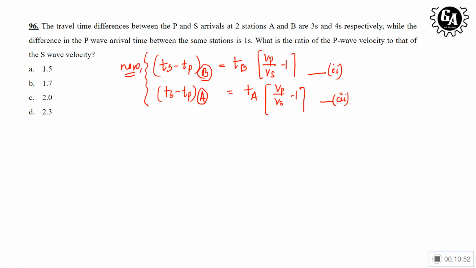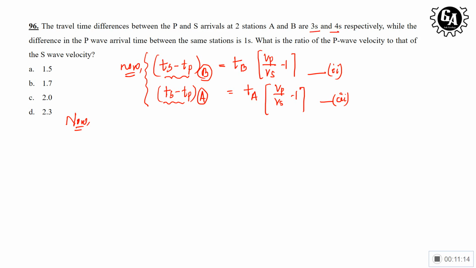Now if I subtract these two equations, because it is given that the travel time difference between P and S arrival is 3 seconds and 4 seconds respectively, and this 1 second is given.